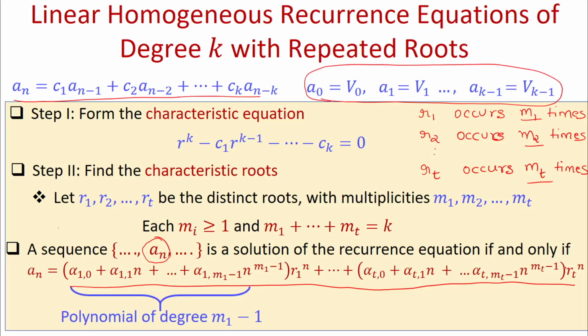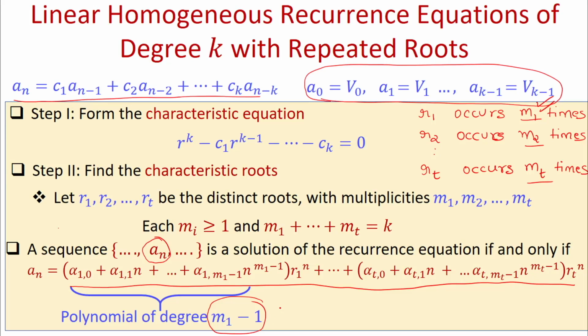So what's the first term here? The first term is basically a polynomial of degree m1 minus 1 multiplied by the first characteristic root raised to power n. Why m1 minus 1? Because the first characteristic root, namely r1, occurs m1 number of times. So that's why a polynomial of degree m1 minus 1.